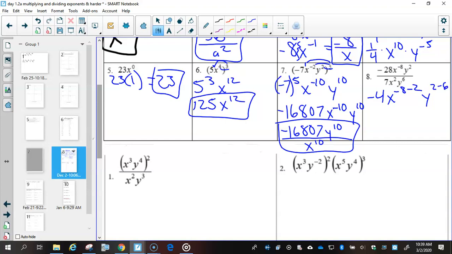So our new exponents would be negative 10 and negative 4. What would the final answer be? Negative 4 over x to the 10th power y to the 5th power. They were both negative, so they would both move to the denominator.